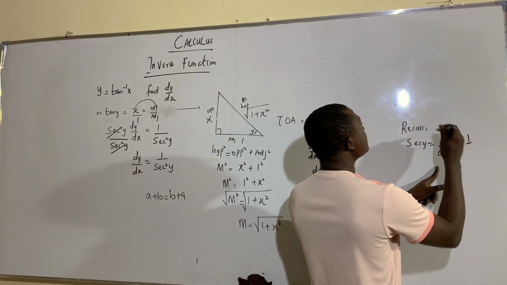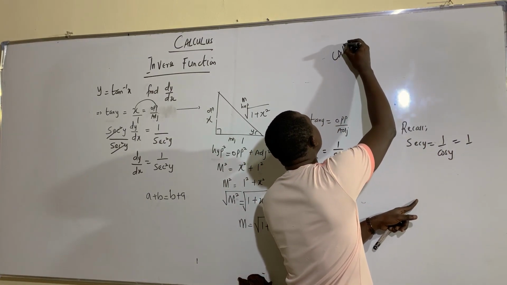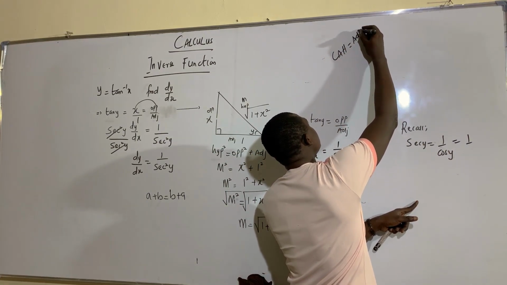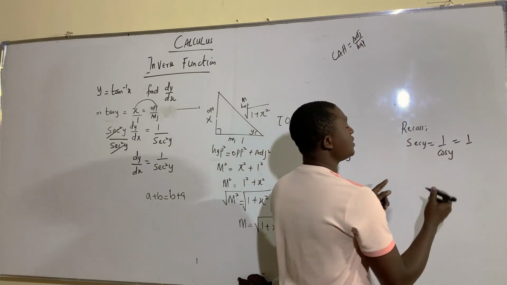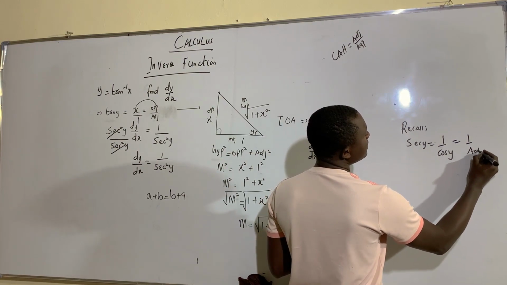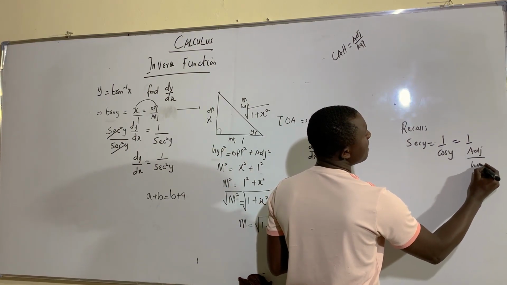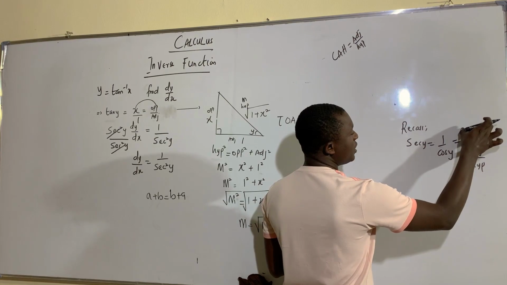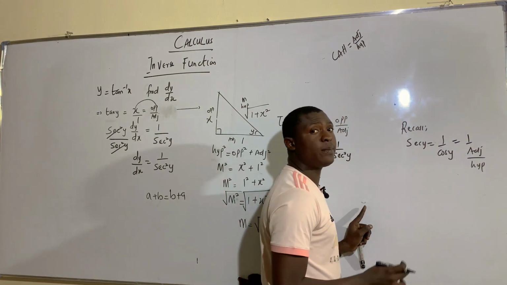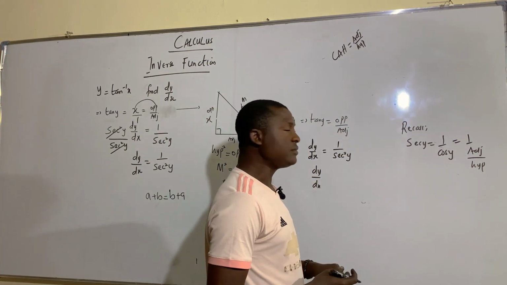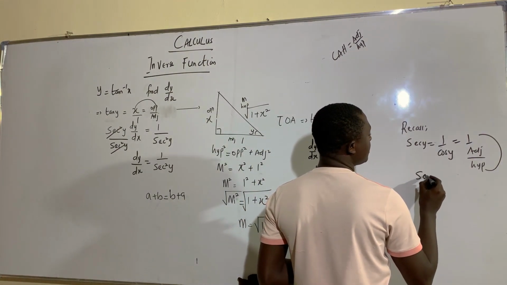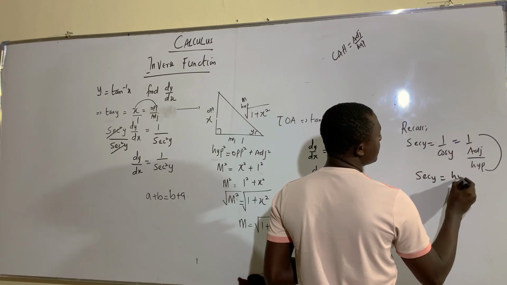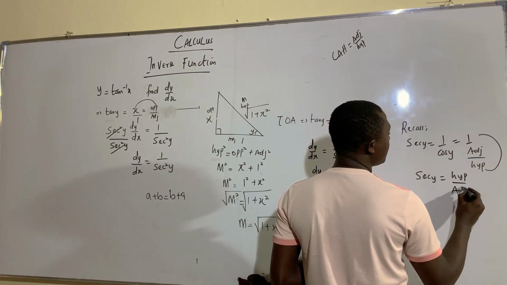We know that cos is CAH, adjacent over hypotenuse. So if I substitute, cos is adjacent over hypotenuse, so we have 3 fractions now. Which law can we apply to change that? Yeah, we apply the law of reciprocal. This goes here, so sec is nothing but hypotenuse over adjacent.